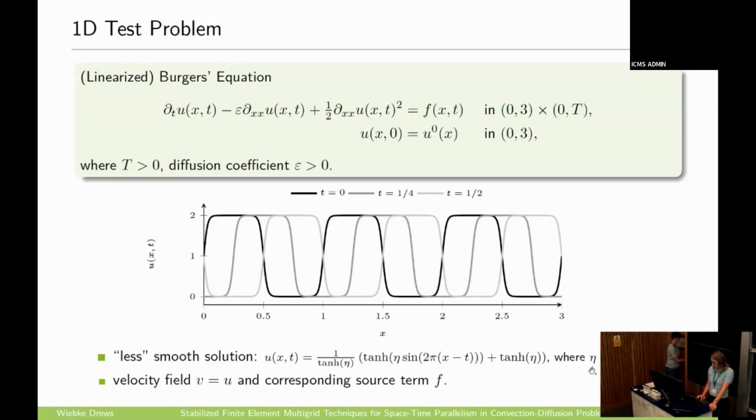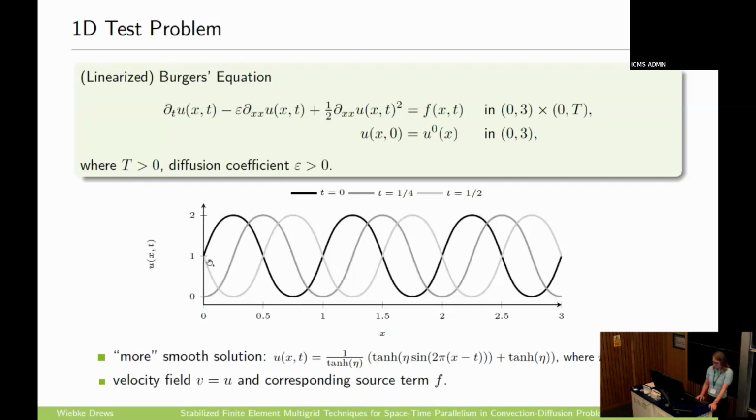We have a parameter eta, which we can vary, so it makes the solution steeper or smoother. So this has a quite steep gradient here, and if we reduce it, it can look like this. So this is the test configuration that we use for our numerical tests.